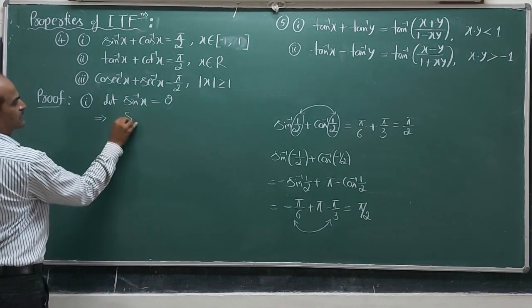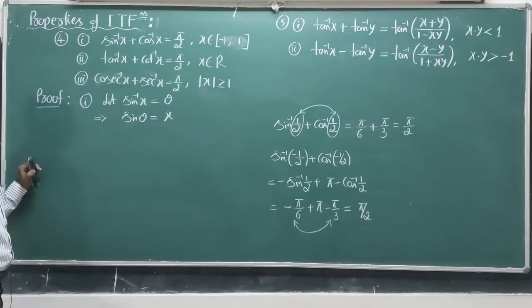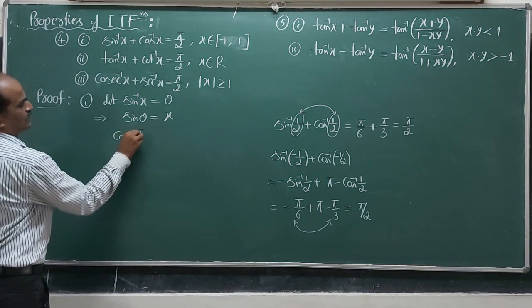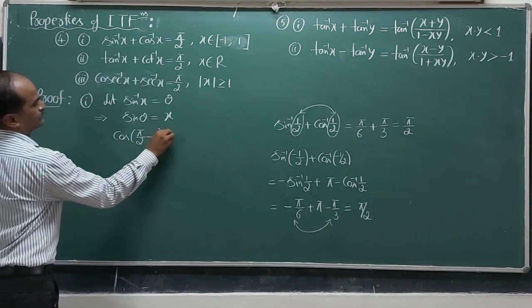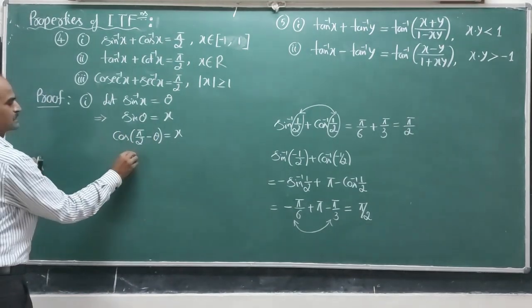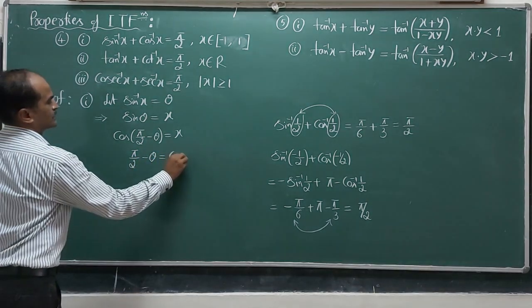Using inverse function, I write sin theta equal to x. I write sin theta as cos of pi by 2 minus theta using allied angles. Now apply inverse function, pi by 2 minus theta equal to cos inverse x.